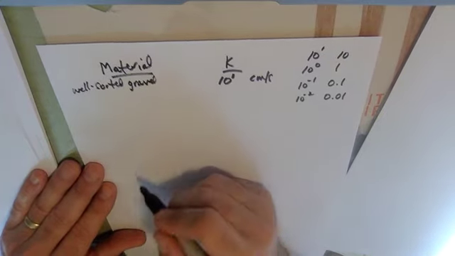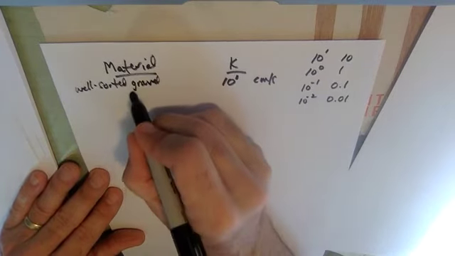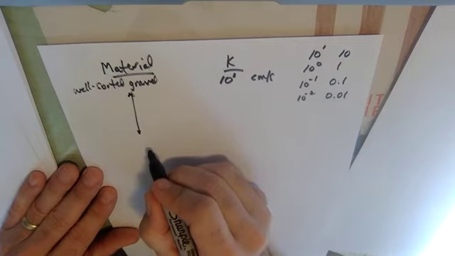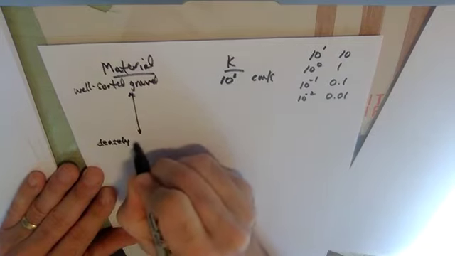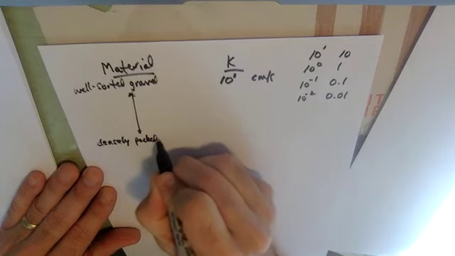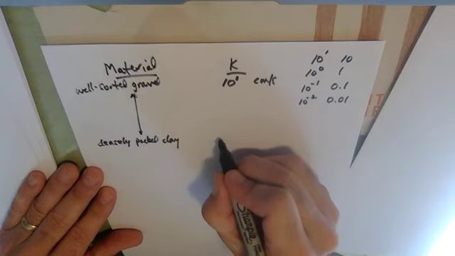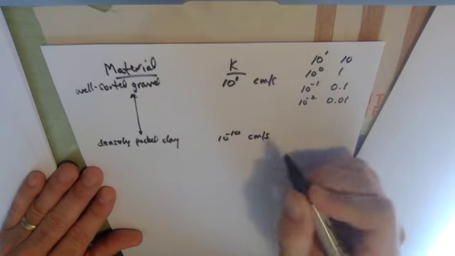I'll give you more specifics on these a little bit later. But at the low end of the scale, something like a densely packed clay or shale, those can have values of 10 to the minus 10 centimeters per second.